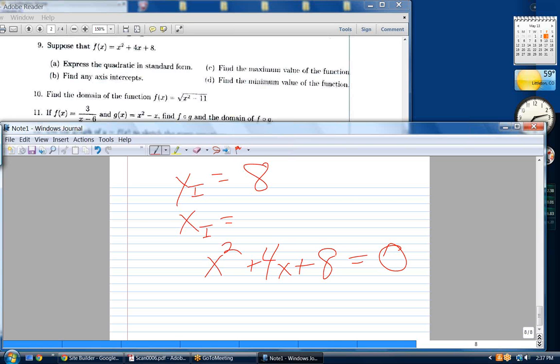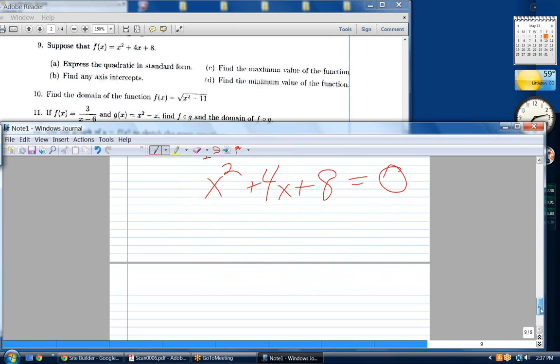Notice that it does not factor nicely. And in fact, since it does not factor nicely, rather than go directly into the quadratic formula, let's check the discriminant to see if it even has any real solutions.